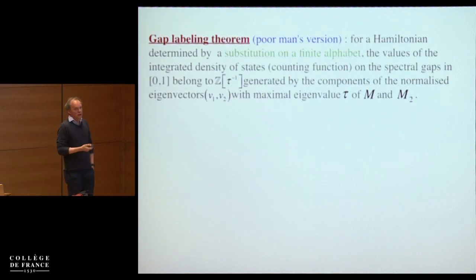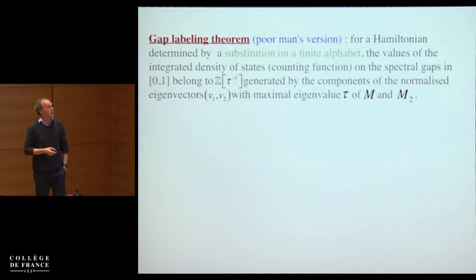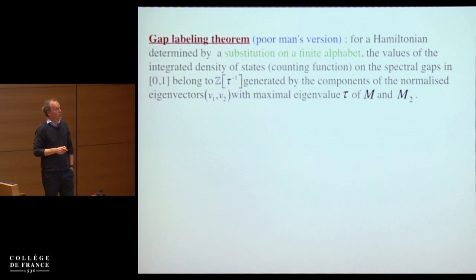Okay, very good. So now we can phrase at least the poor man's version of the gap labeling theorem. For a Hamiltonian that is determined by a substitution on a finite alphabet, the values of the integrated density of states, the counting function, on the spectral gaps in (0,1), belong to something that is called that way. Michel could tell us what it means.